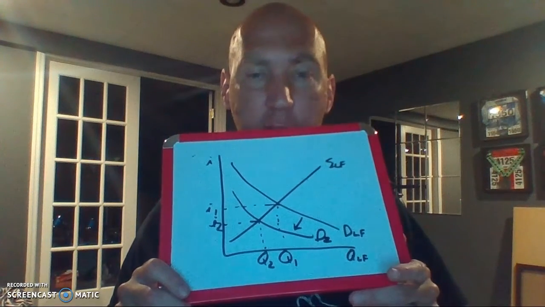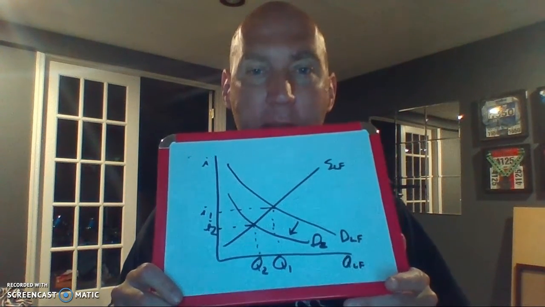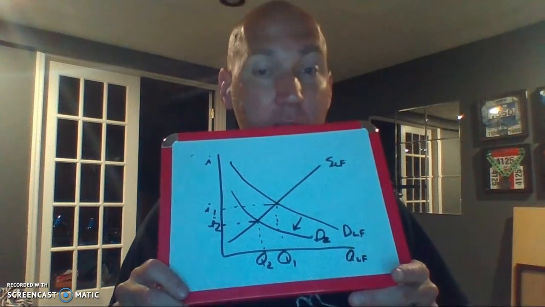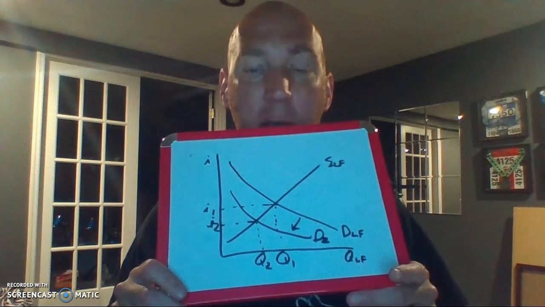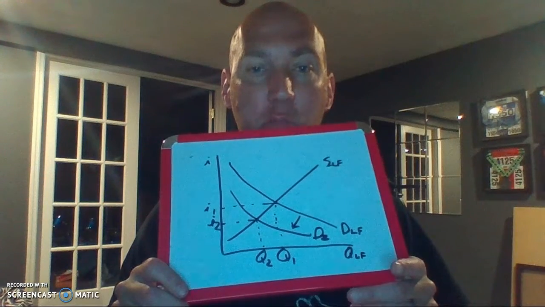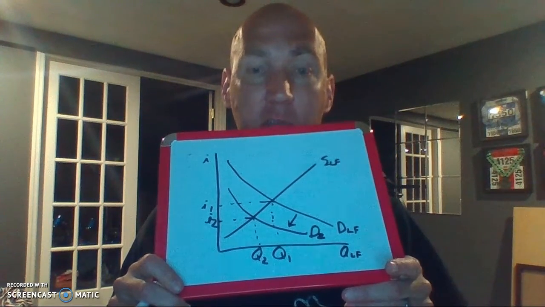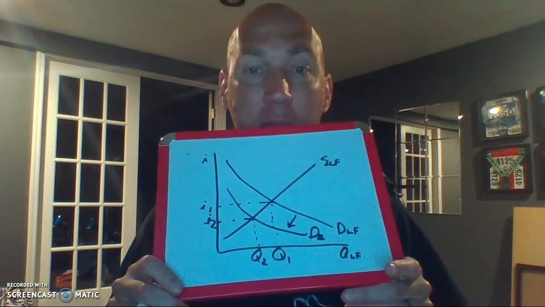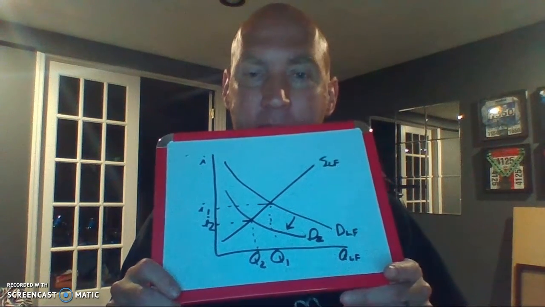So think short run: interest rates go down, investment goes up, aggregate demand would increase. In the long run, interest rates go down, investment goes up, and that investment will lead to more production, which will mean long-run aggregate supply would shift to the right. Same as a PPC would shift outward because you'd have more productive capacity.